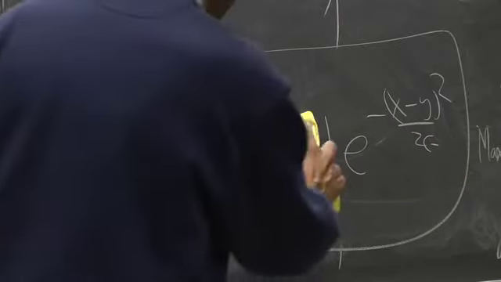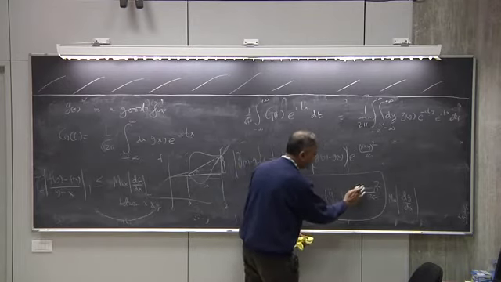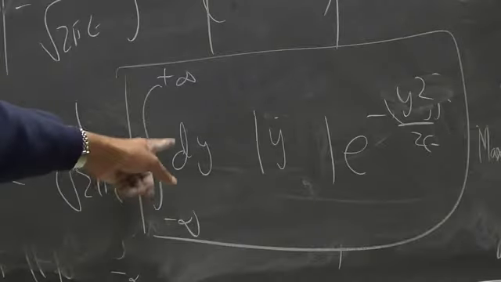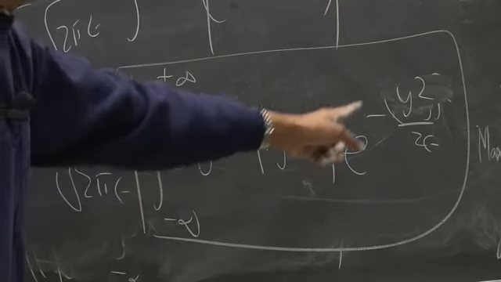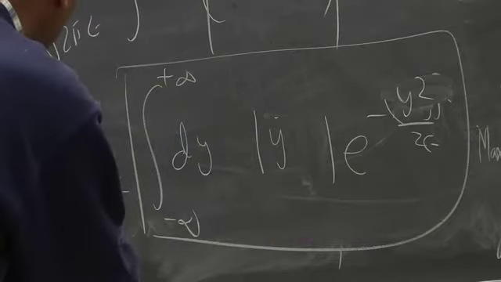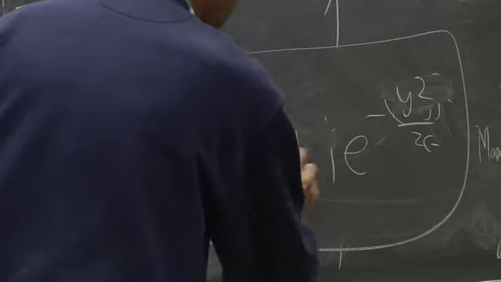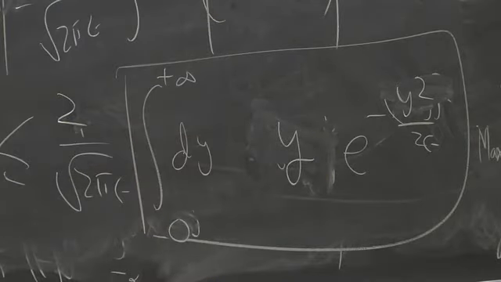So, this integral is the same as in y tilde. I can then call y tilde equal to y. So, it's just this integral. Now you can split this integral, this just becomes 2 times the integral from 0 to infinity of y e to the minus y square over 2 epsilon, because this is the absolute value of y. So, this becomes 2, 0 to infinity, and now I can forget about the absolute value, because for positive y, the absolute value is y.